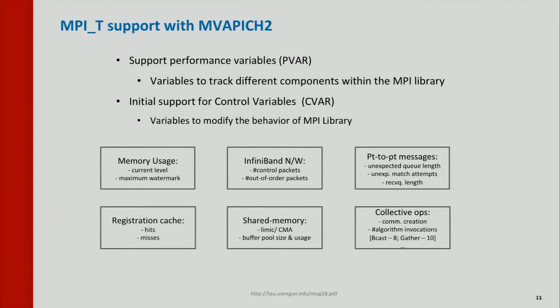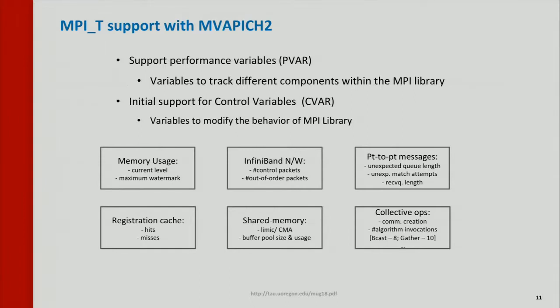In point-to-point messages, you can see unexpected queue lengths. You can see unexpected match attempts, receive queues, how long they are. So registration cache, shared memory, collective operations, they all have very interesting variables.